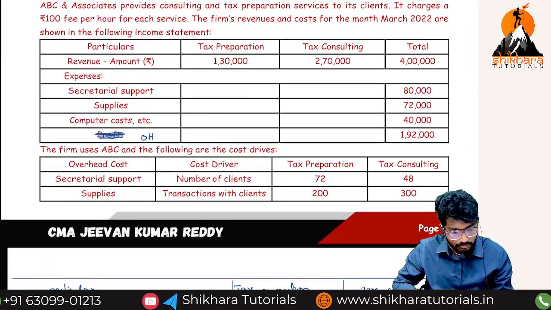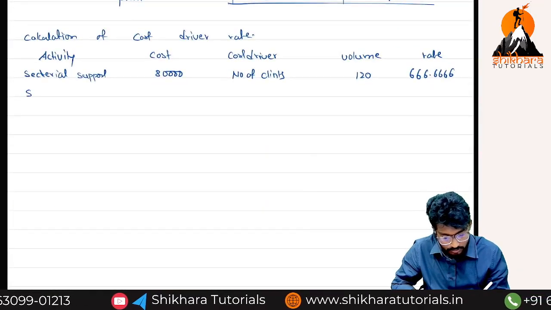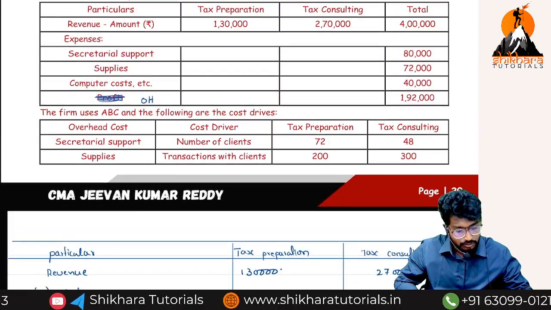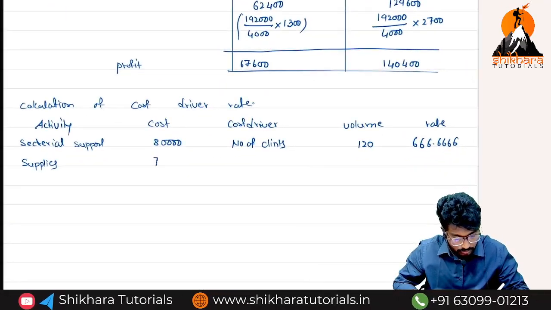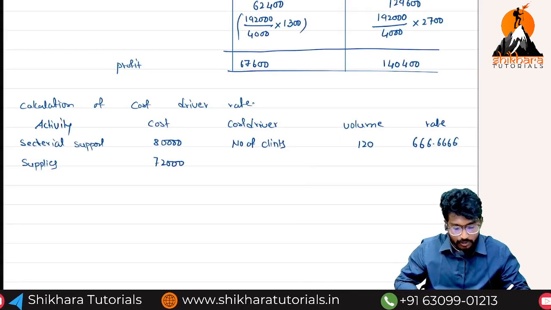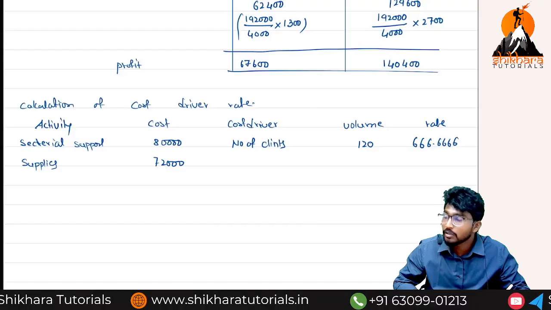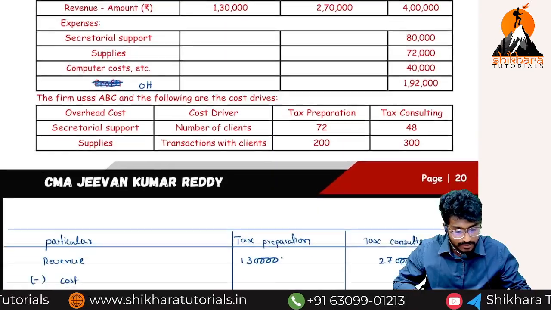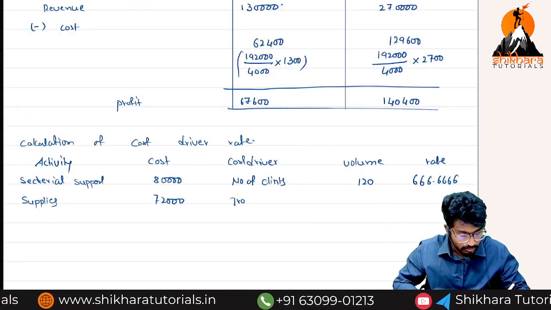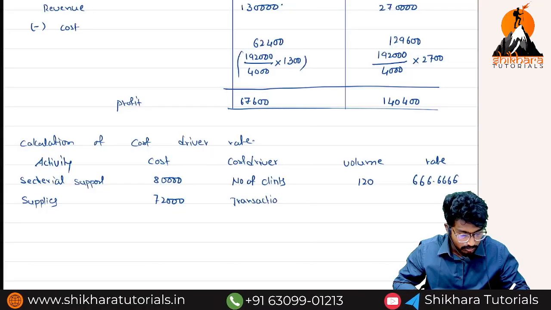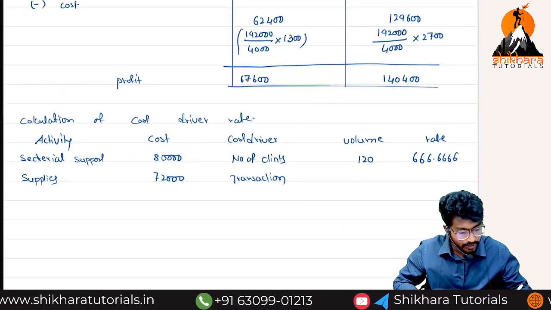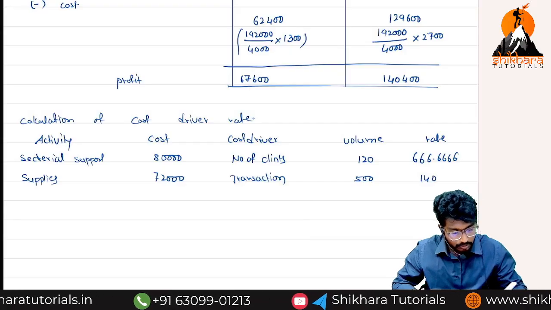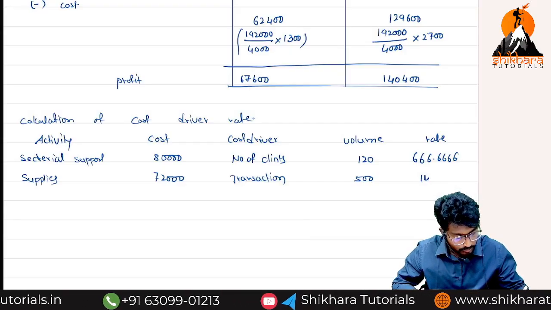Next, supplies, 72,000. What is the cost driver? Transactions with clients. How much? 500. The rate is 144.